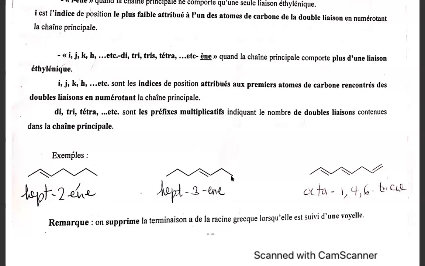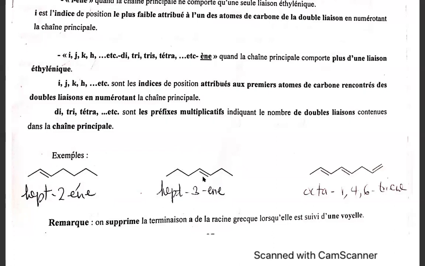Then this one, same thing. You are going to count the longest continuous chain, which is going to have how many carbon atoms? 1, 2, 3, 4, 5, 6, 7, 7. The prefix is hept. Then the position of the double bond is at carbon number 1, 2, 3, 4, position 4. 1, 2, 3, position 3.